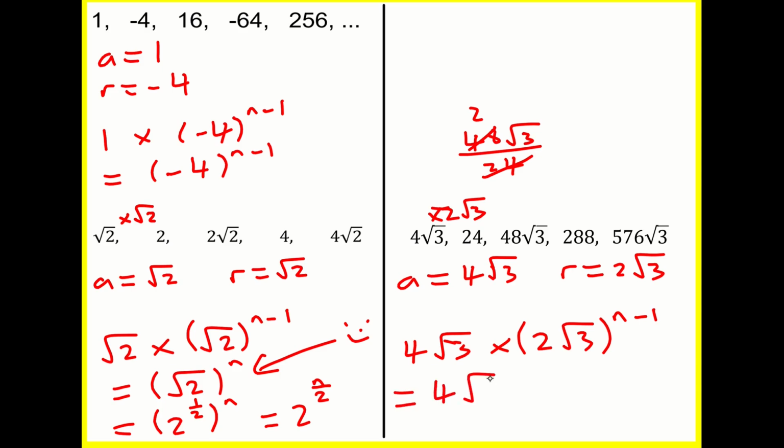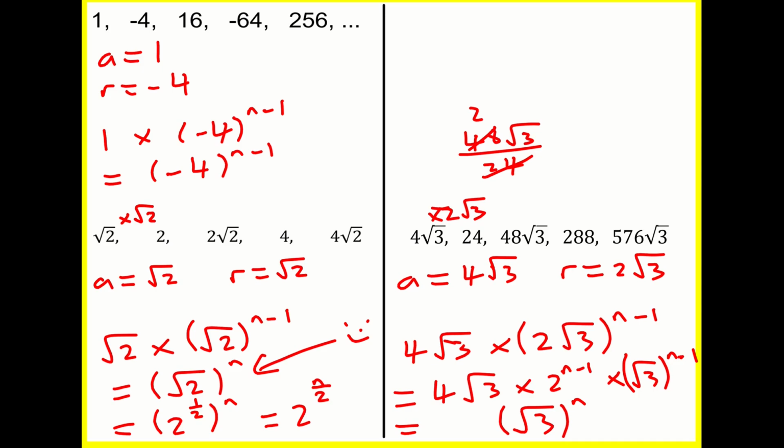I can write it as 4 root 3, and then I can actually write it as 2 to the n minus 1 times root 3 to the n minus 1. I can raise them to the power of n minus 1 separately. Why would I want to do that? Because actually, let's see, the root 3 times root 3 to the n minus 1 is going to become root 3 to the n.